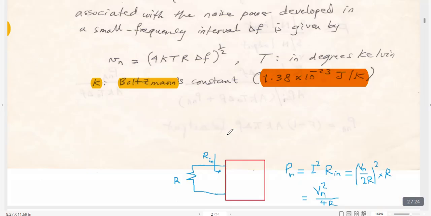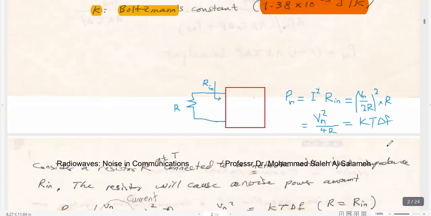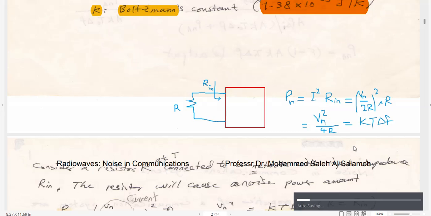Now V noise squared from this equation, if you square it, the square root will disappear and you will have 4kTR delta F. Divide 4kTR delta F by 4R, the 4 will go, the R will go, and you will have kT delta F. This is the maximum noise power that a noisy resistor can deliver to a network connected to it.